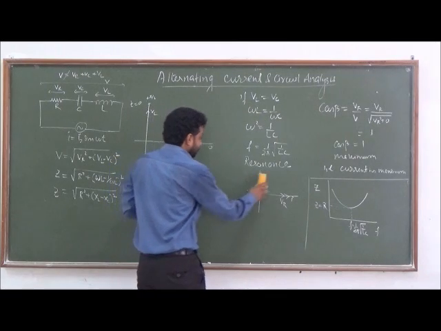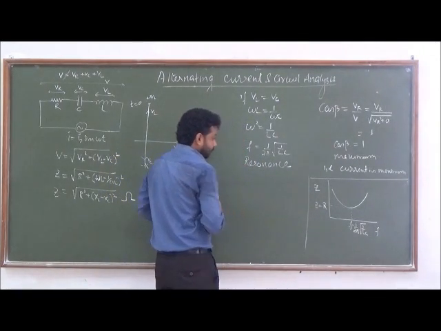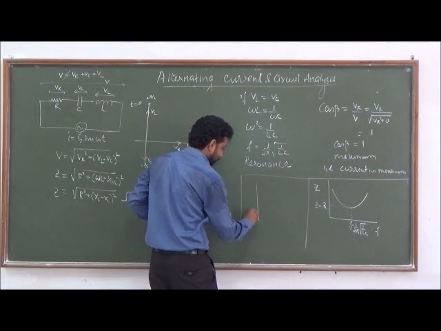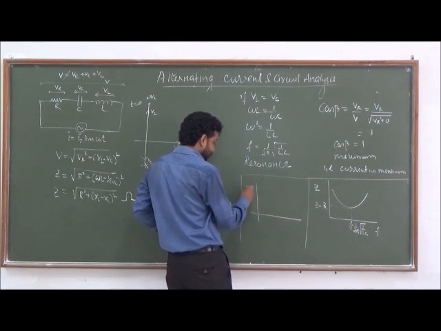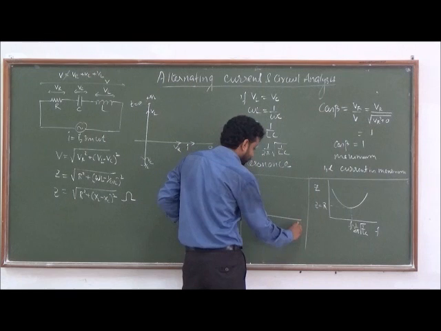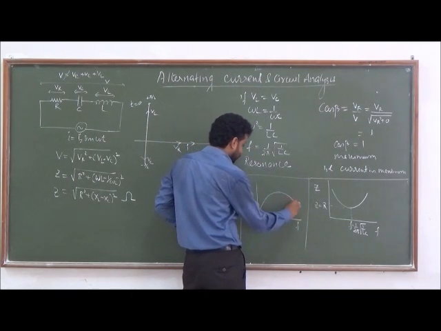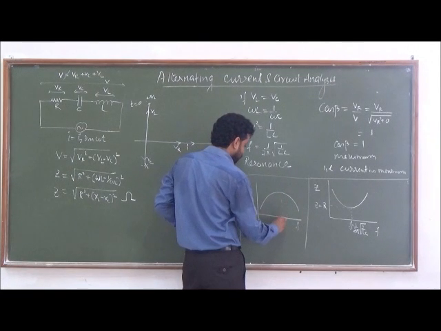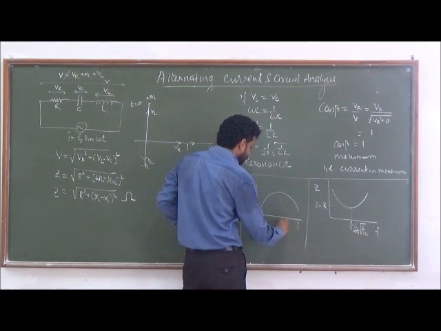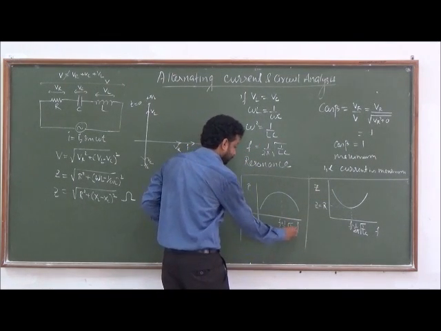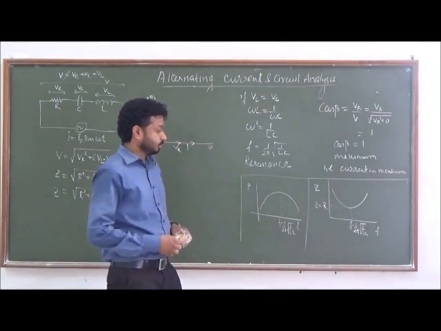If I plot simultaneously another graph showing the power against frequency, then I get a graph like this, showing that the power is maximum when the frequency is 1 by 2 pi root over of 1 by LC. Correct?